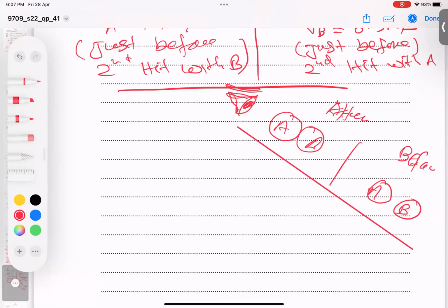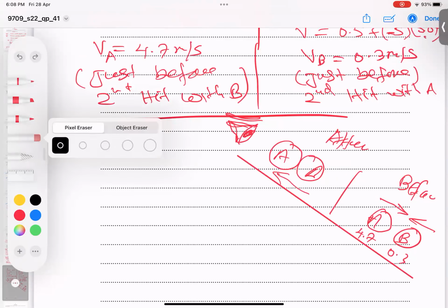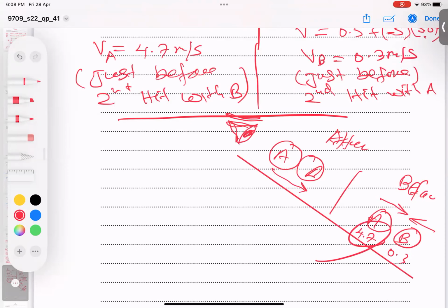Before, A is going this way, B is going this way, and after, both are traveling this way. We will not show the situation after, but A's speed just before hitting is 4.7 and B's is 0.3. A is heavier, so they will move together downwards because this is bigger.